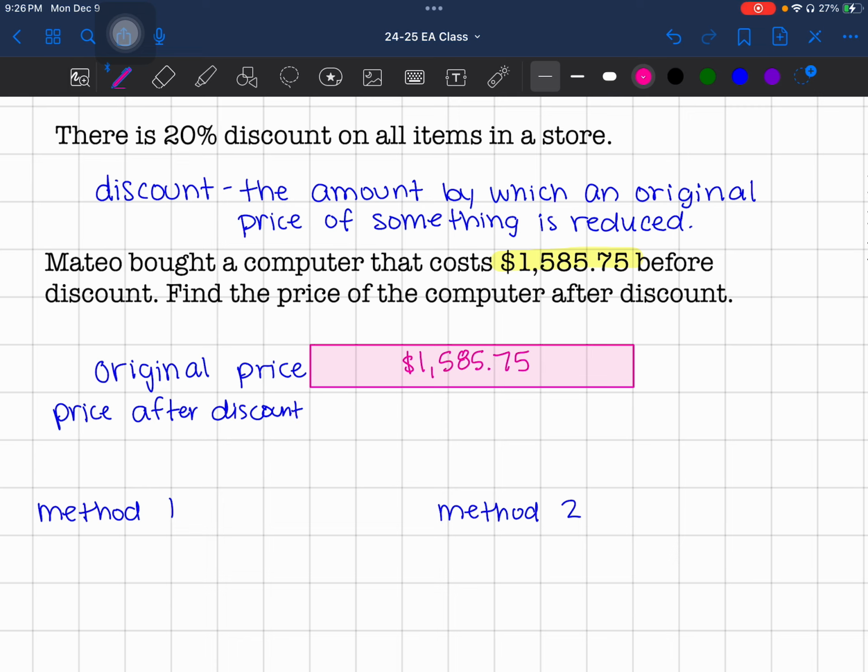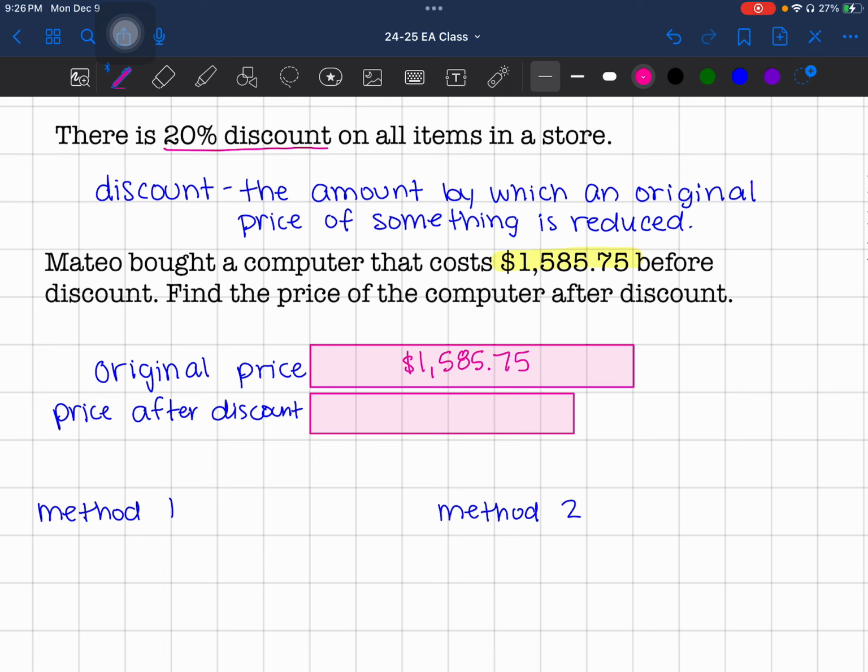Now, price after discount, it's been reduced. Remember, everything has been 20% off. So it's been decreased by 20%. We're going to roughly say that that's 20%.